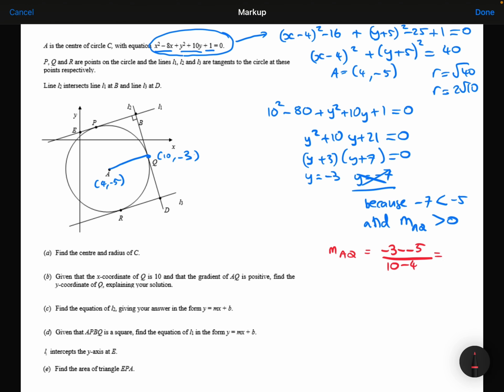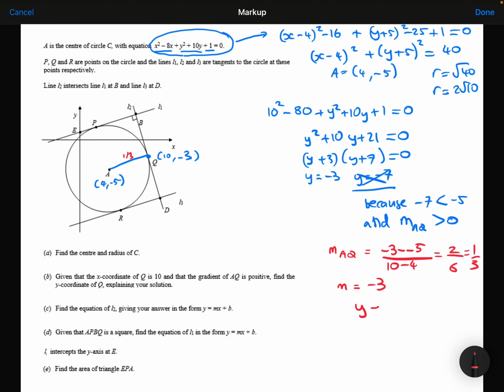So I get 2 over 6, which is 1/3. So that's the gradient of my radius. So the gradient of the tangent is going to be the negative reciprocal of that. So that's going to be minus 3.